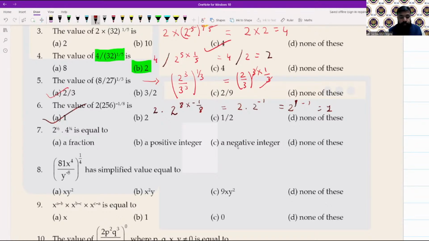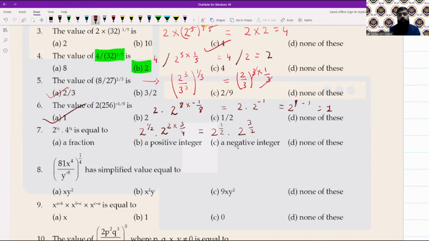So first of all, 4 can be written as 2 square. So 2 square multiplied with the power 3 by 4, and already we are having 2 to the power of 1 by 2. So we can write it as 2 to the power of half, and another 2 is having the power 3 by 2 after cancellation.